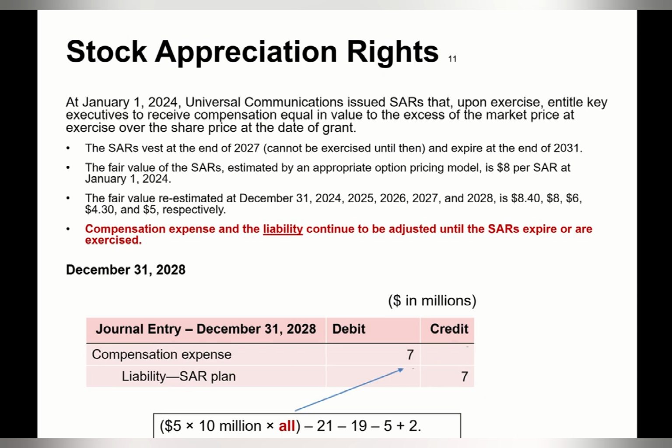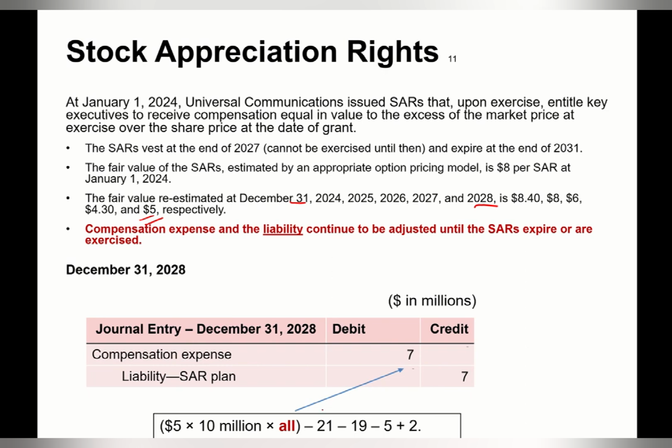Compensation expense and the liability continue to be adjusted until the SARs expire or are exercised. So we will continue to adjust it on December 31st, 28. We can see that the fair value for December 31st, 28 is $5 per share. So 5 times 10 million times all means 1, okay?